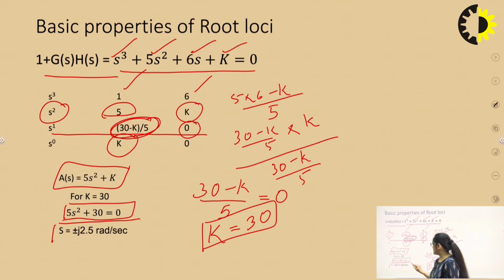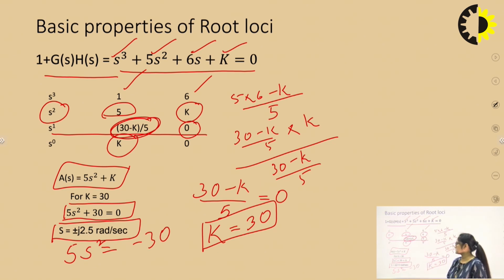Therefore, the solution for this is s, with 5s square equal to minus 30, which comes out to be plus root 6 and minus root 6, which is nothing but 2.5.